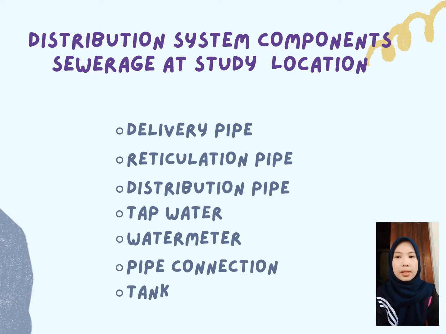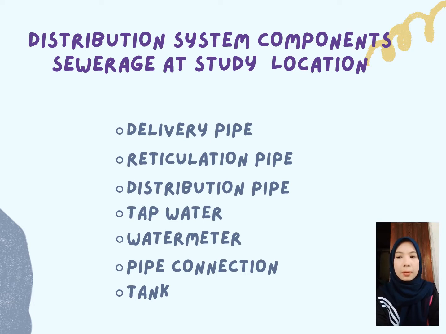The reticulation pipe supplies treated water to the supply area at Bukit Malawati. Third, distribution pipe. The distribution pipe distributes water from the water storage tank to the piping equipment. Fourth, tap water. The tap brings the water out of the supply system, especially for firefighting.